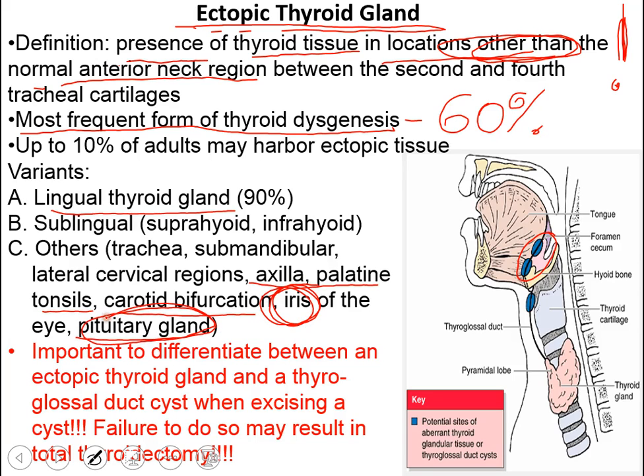It is important for doctors to understand the differences between ectopic thyroid gland and thyroglossal duct cyst. Diagnosis of thyroglossal duct cyst assumes that there is thyroid tissue present in the cyst and in the normal thyroid gland location. But in the case of ectopic thyroid gland, all thyroid tissue is outside of the normal location.